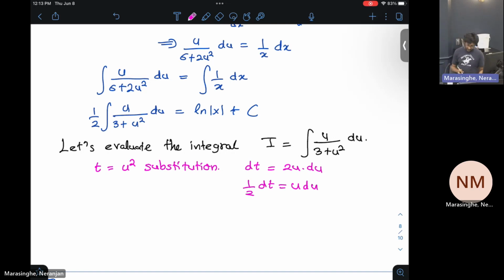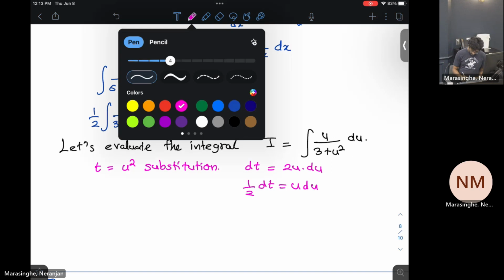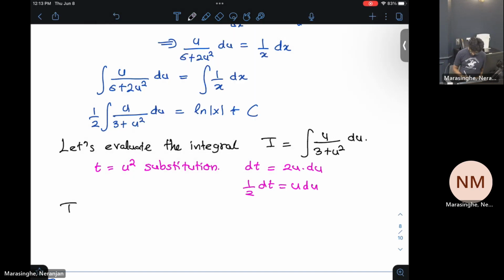So what is my I? I is equal to the integral of u du, which is 1 over 2 dt, and my denominator, instead of u square, I can use 3 plus u square also.